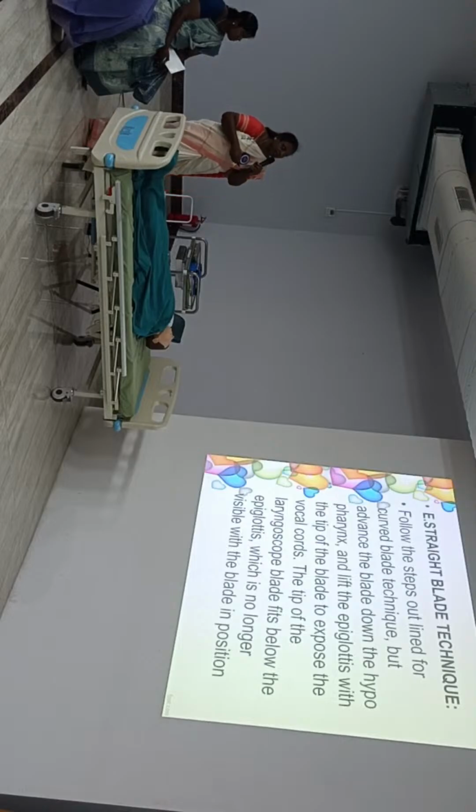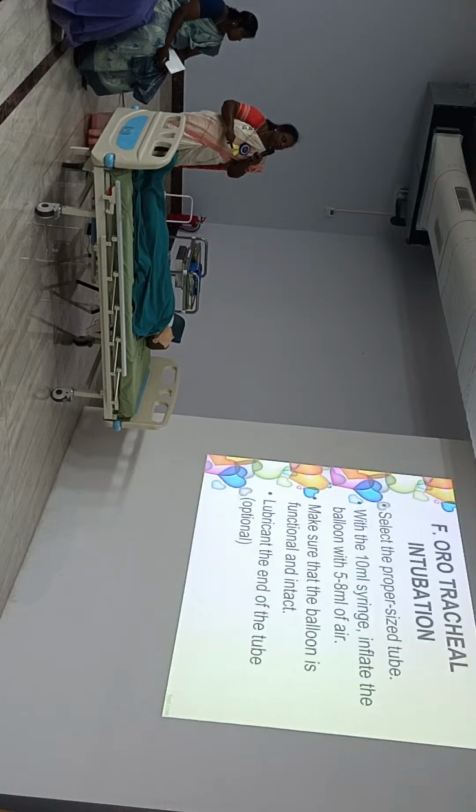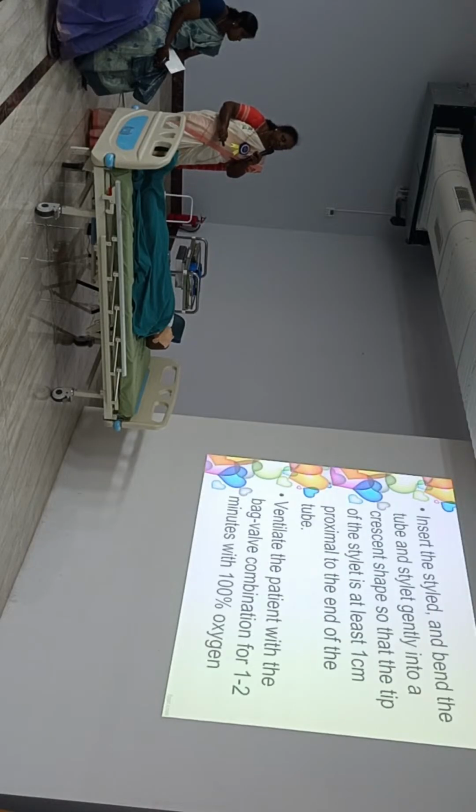We are using and following the steps, advancing to the vocal cord, the tip of the technique. This is what we are going to follow. The oral tracheal intubation also we have practiced in our setups. Select the proper size of tube, the 10 ml syringe that we did. Insert, the same. The procedure is the same.